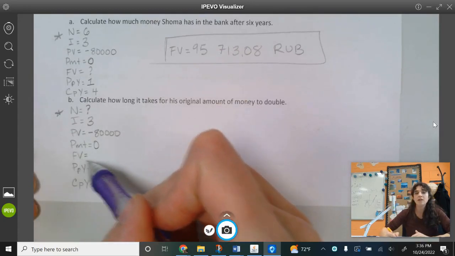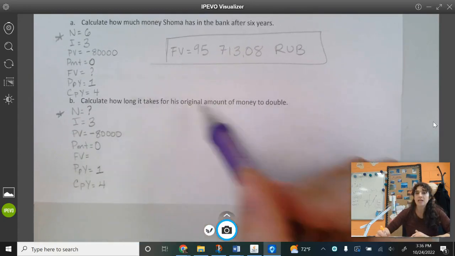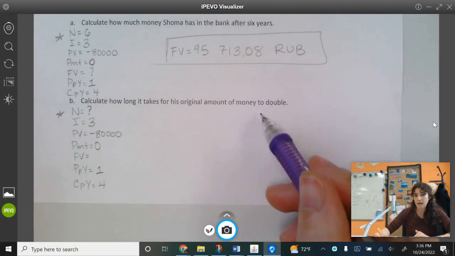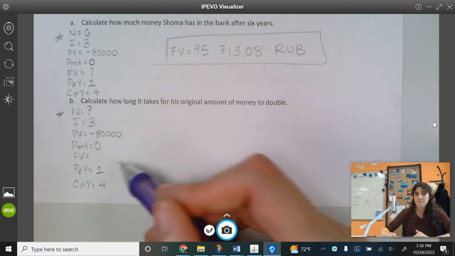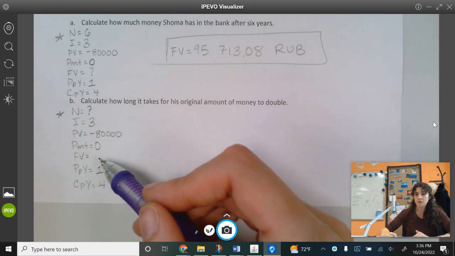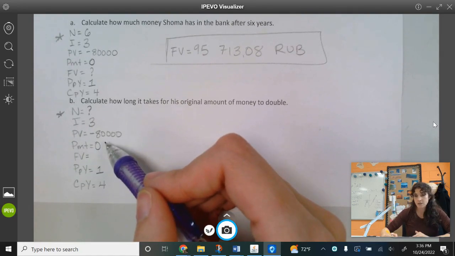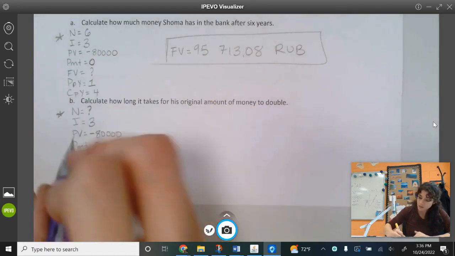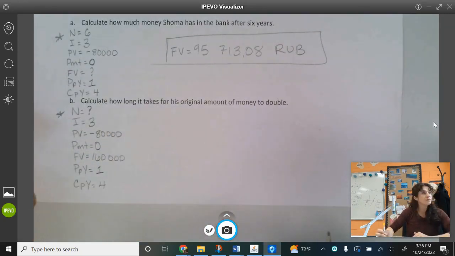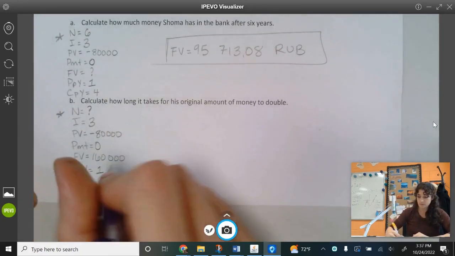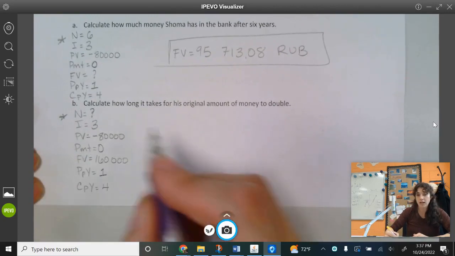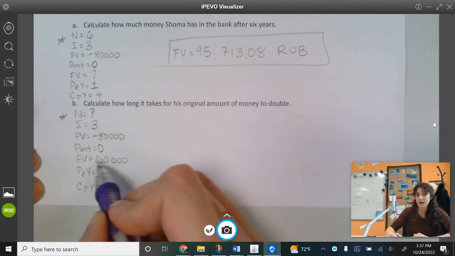And now all I have to think about is what would my final value be given this information? Well, it says for his original amount of money to double. So my final value would have to be double of the original. And the original is 80,000. So double of 80,000 is 160,000. Right? So that's all you have to do, and then you can solve for n. You make sure that this is positive, right?